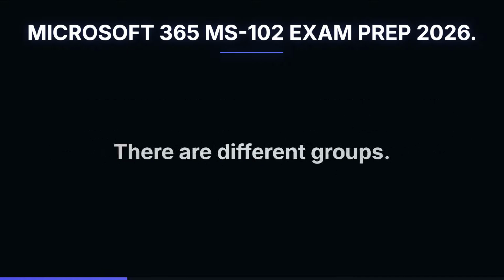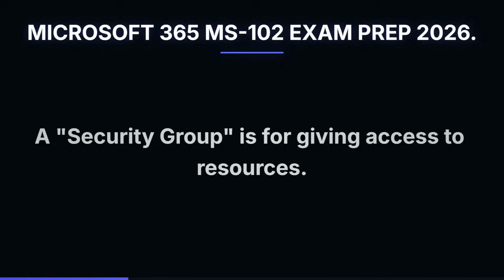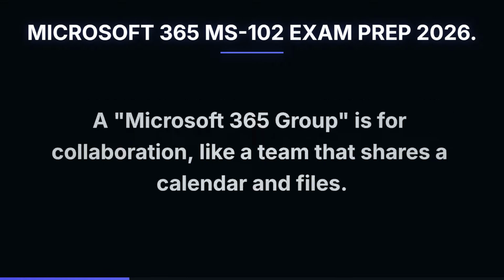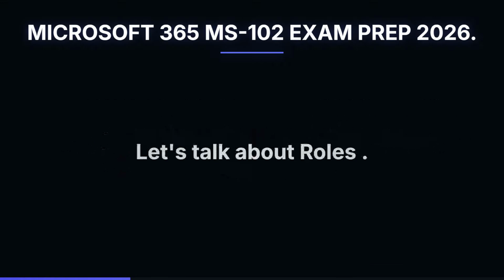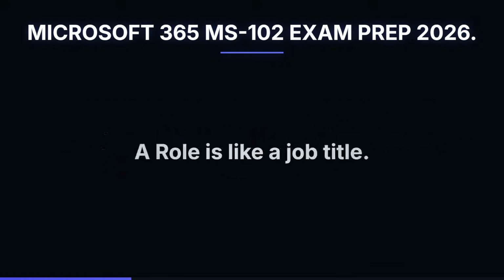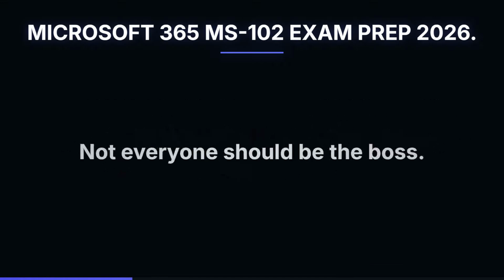There are different groups. A security group is for giving access to resources. A Microsoft 365 group is for collaboration, like a team that shares a calendar and files. Let's talk about roles. A role is like a job title. Not everyone should be the boss.